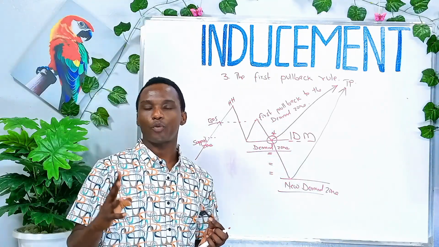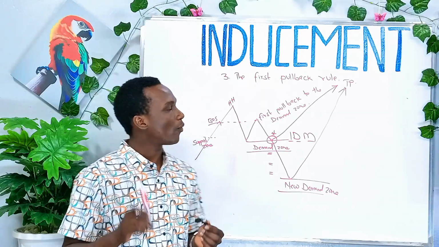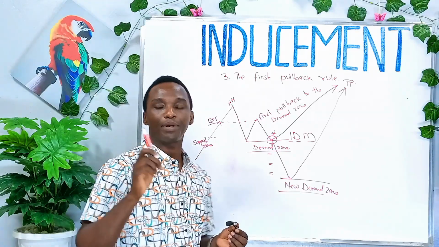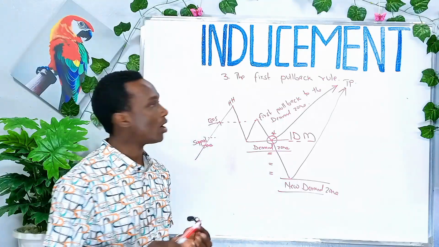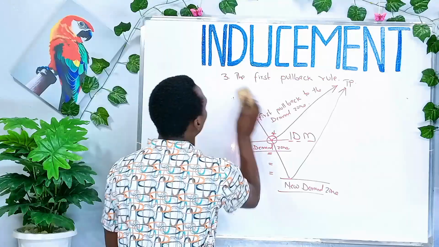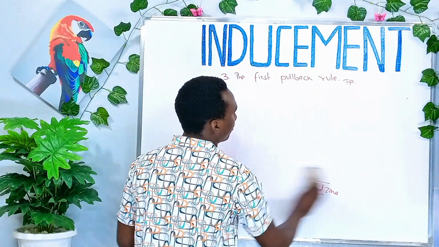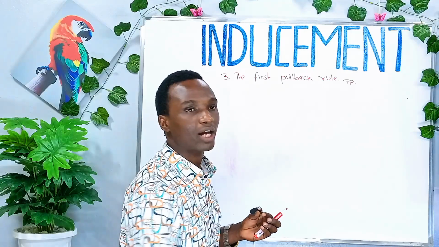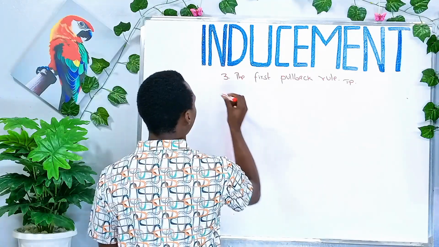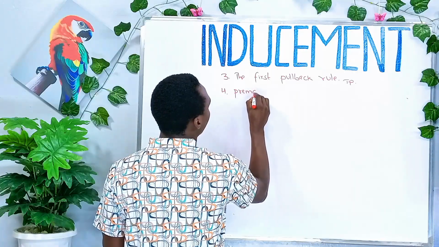The fourth way to identify inducement is whether we have premature or mature reversals. Remember, in the market we have points of reversals when the market is efficient.